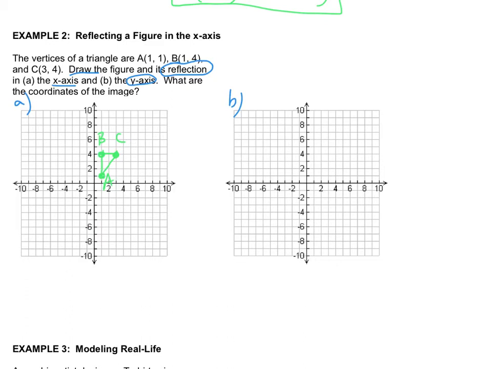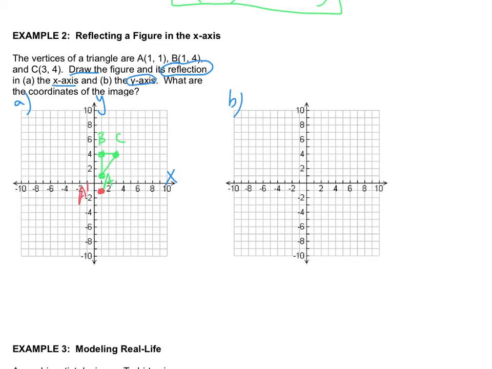I'm just going to make a quick little note here to remind myself the x and the y. So when I do my points, what I'm going to do is go to each of these points. A, for example, starts here. To the line of reflection is 1 point, so I go 1 below it. So that tells me that this one is now A prime.